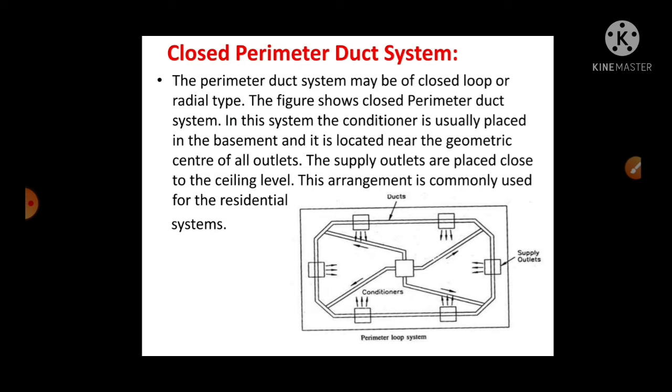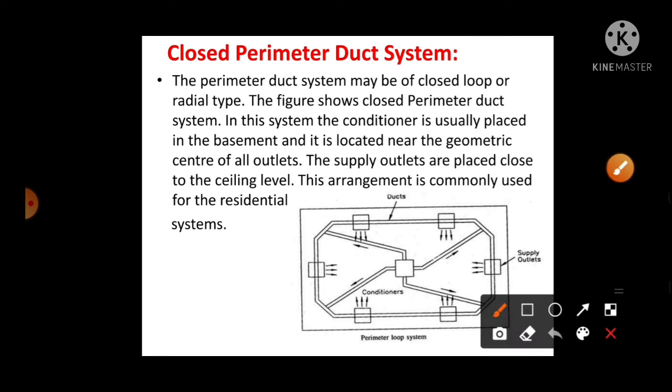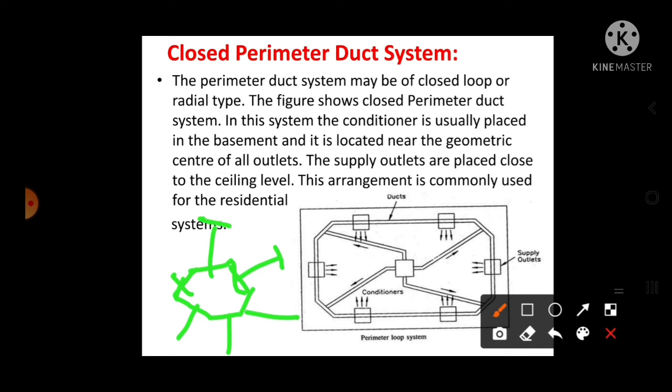Radial perimeter duct system is also used, in which a hexagonal main duct is prepared and through which branch ducts are taken to each room. So this is a radial perimeter duct system.